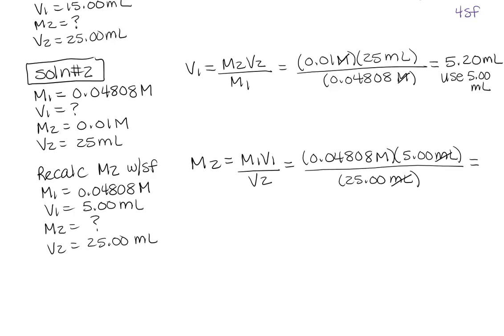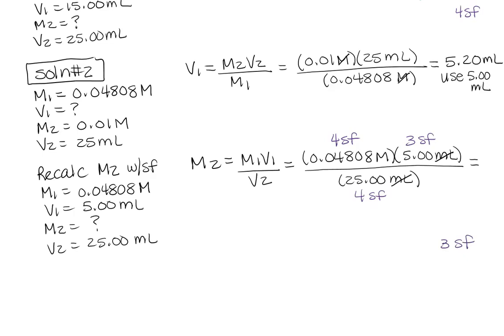So I'll cancel the units. Won't forget that this time. And we'll check our sig figs. So we have 4 sig figs in the molarity, 3 sig figs for the 5 mL, and 4 sig figs for the 25 mL. So for this value, we need to round it to 3 sig figs.